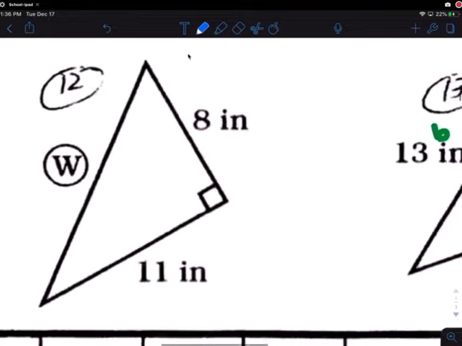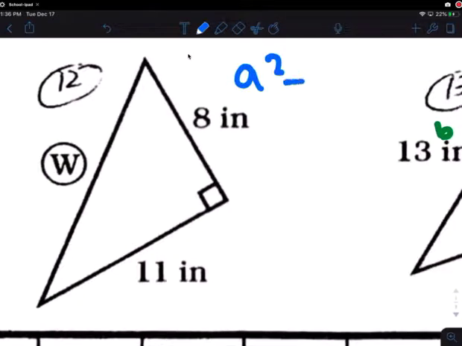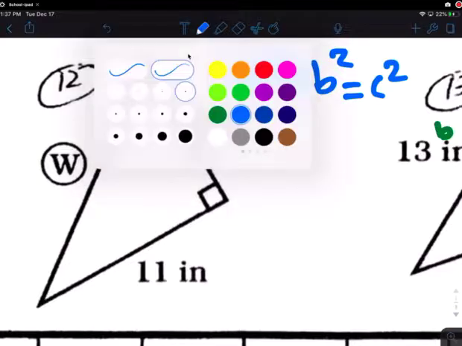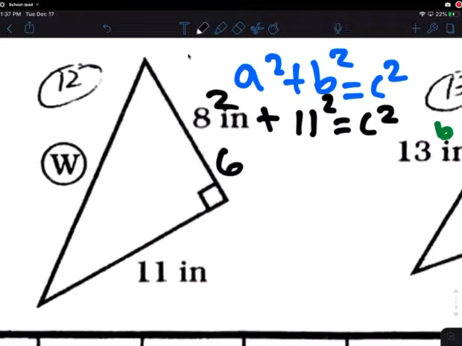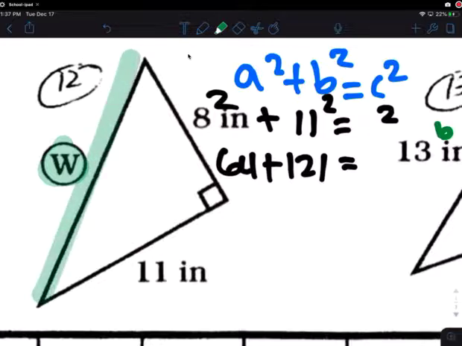Okay, same thing. A squared plus B squared equals C squared. I'm going to use 8 as my A, plus B squared, which is 11 squared, equals C squared. So I got 64 plus 121 equals, oh, instead of C, we're using the letter W for C here, the longest length.